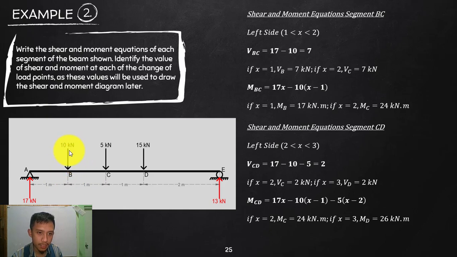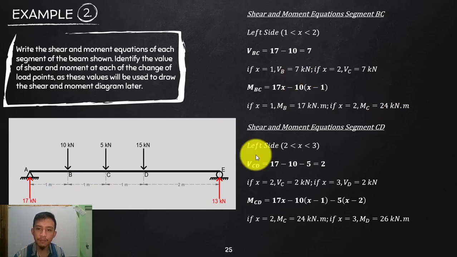So the distance of this 10 to your section here is x minus 1. That is negative since it is counterclockwise. Substitute x equals 1, that is at B, will give us 17. Substitute x equals 2, that is C, 24.